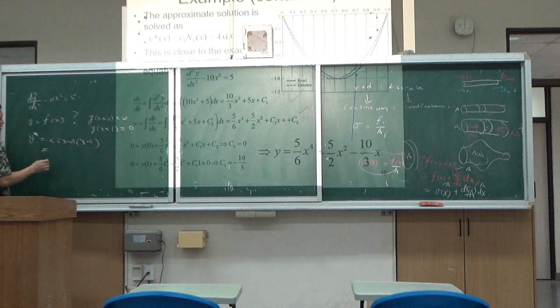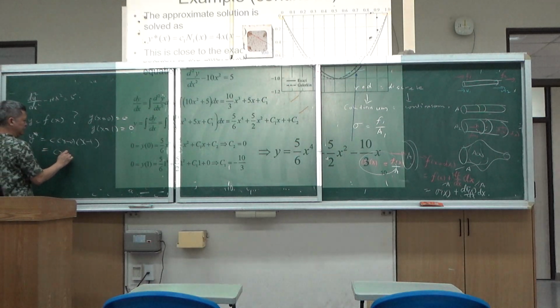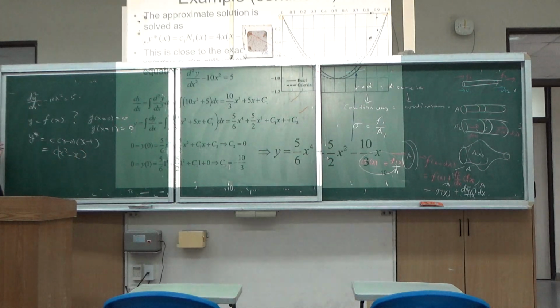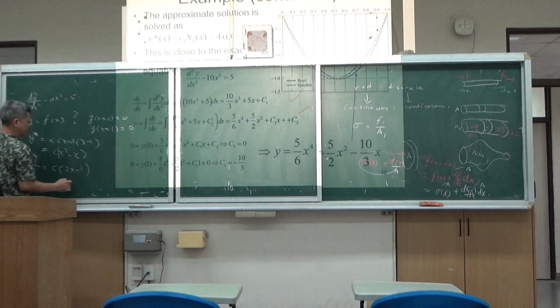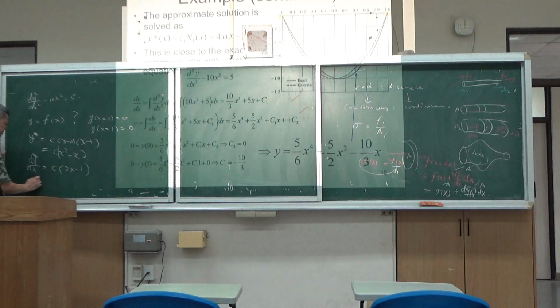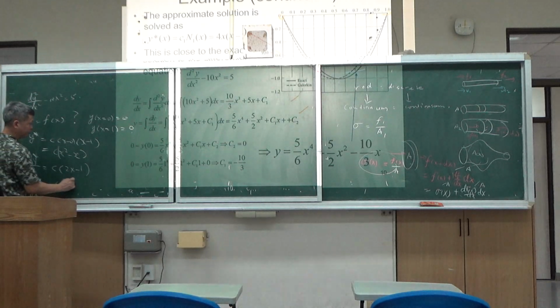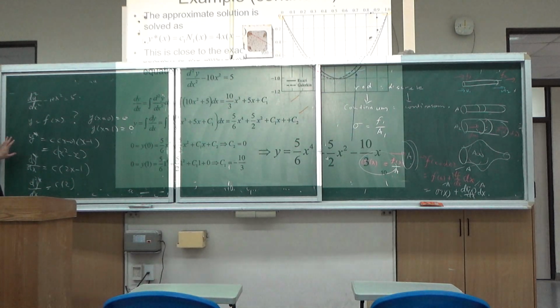So then you're going to obtain c times x squared minus x. Okay, if you do one-time differentiation, you get c times 2x minus 1. If you do a two-time differentiation, you get c times 2. Okay, so this is the expression.